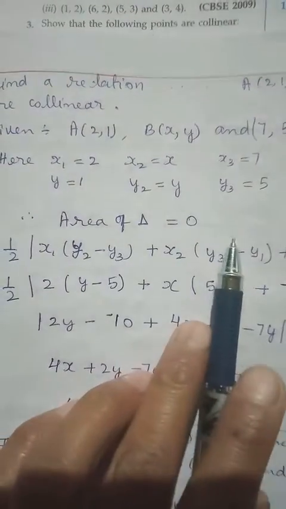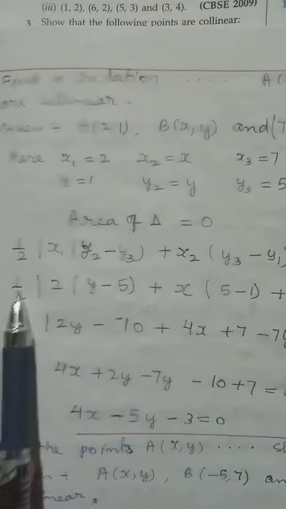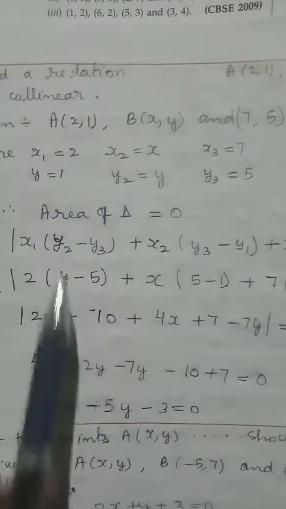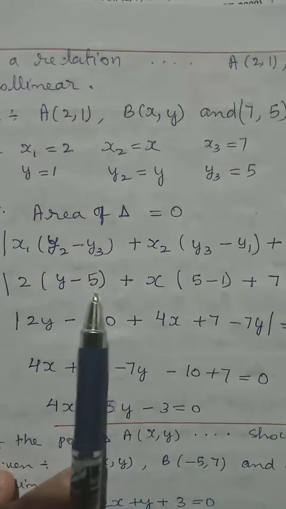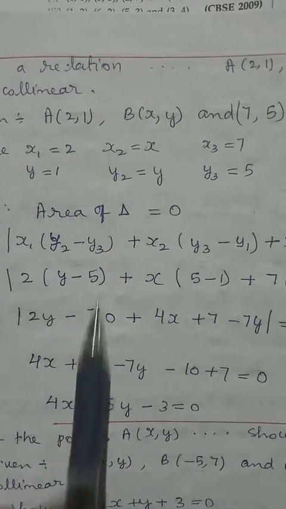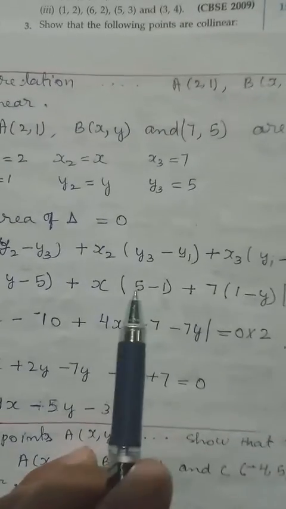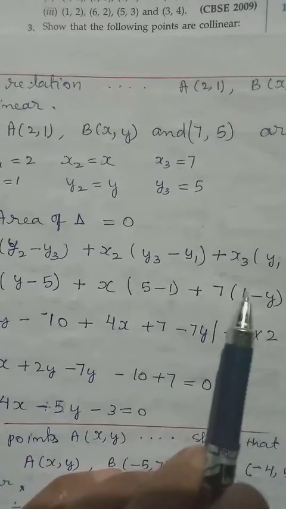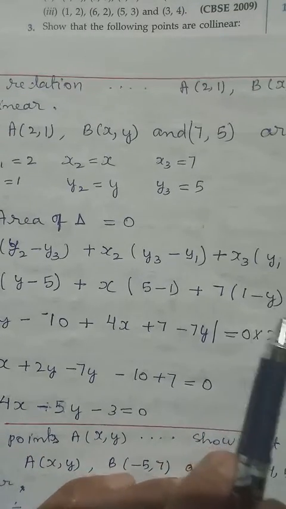So after replacing the value, let's see what we can do. Area of triangle equals 0 because the points are collinear. So this 2 we can cross multiply. 2 into 0 becomes 0. Here one alphabet, one number, we cannot minus. So let's multiply. 2 into y, 2 into 5 will be 10. Here both numbers you can minus. 5 minus 1, 4. 4 into x, 4x. One alphabet, one number, you cannot minus.